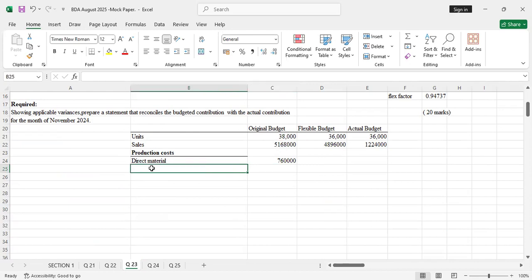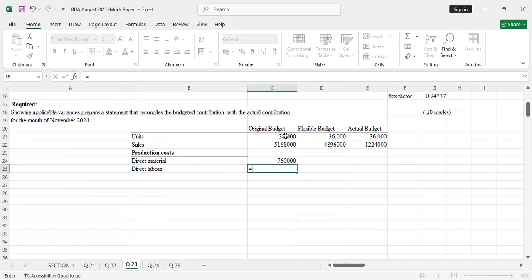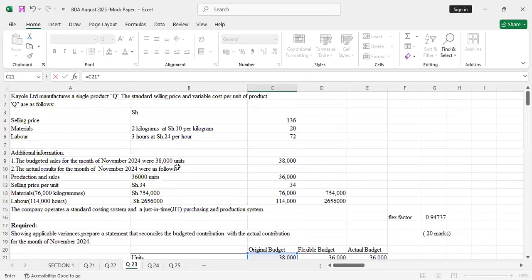We continue. So I'll also do it for direct labor, original first. What was the direct labor? This will still be based on the number of units. So you take the number of units, which is 38,000, and multiply by the labor rate. You can see labor is 3 hours at 24 per hour.